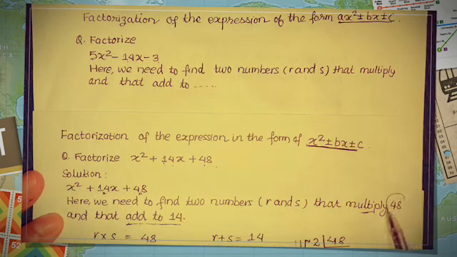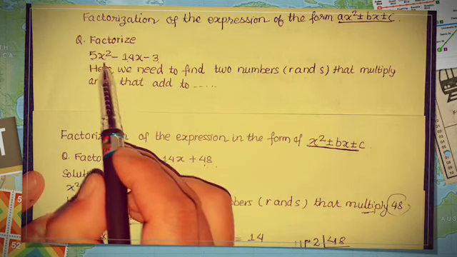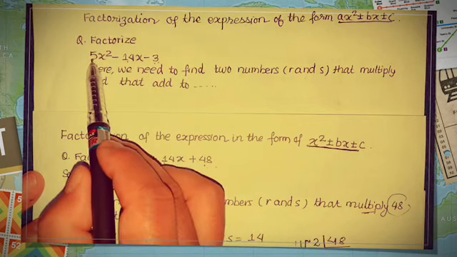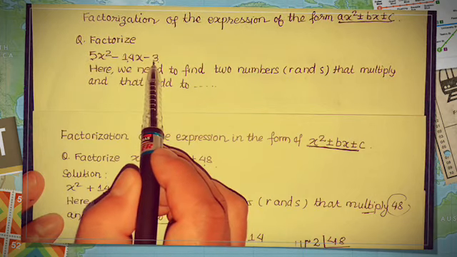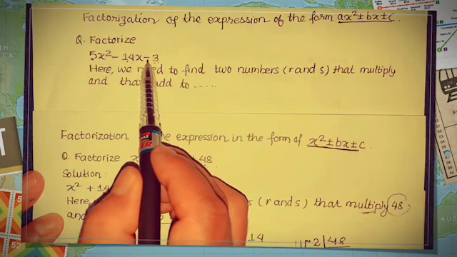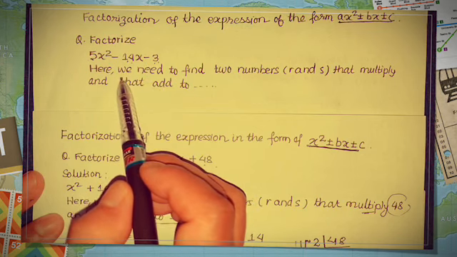But here we have to use all three numerical coefficients: 5, minus 14 and minus 3. So how are they used?